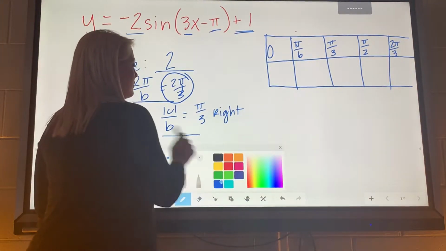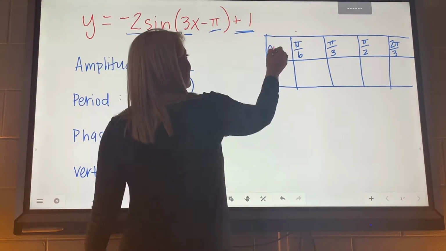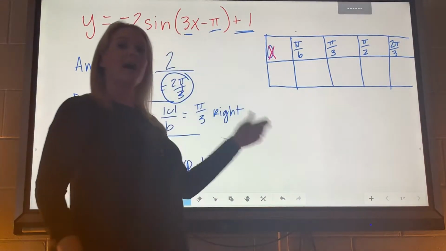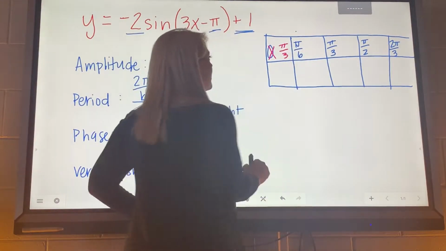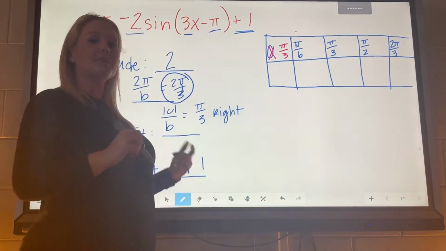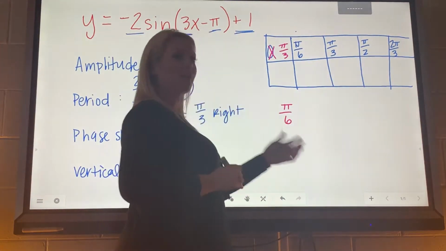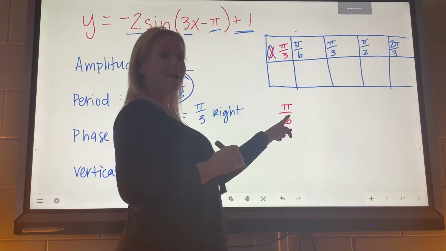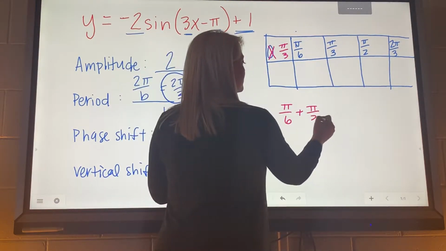Let's see, pink looks pretty with blue, we'll do that. All right, so the first one's easy. If we take 0 and we shift it pi over 3 to the right, that's just going to be pi over 3. All right, so to shift pi over 6, you may want to do some scratch work over on the side of your paper. So I want to take pi over 6 and add pi over 3 to it.